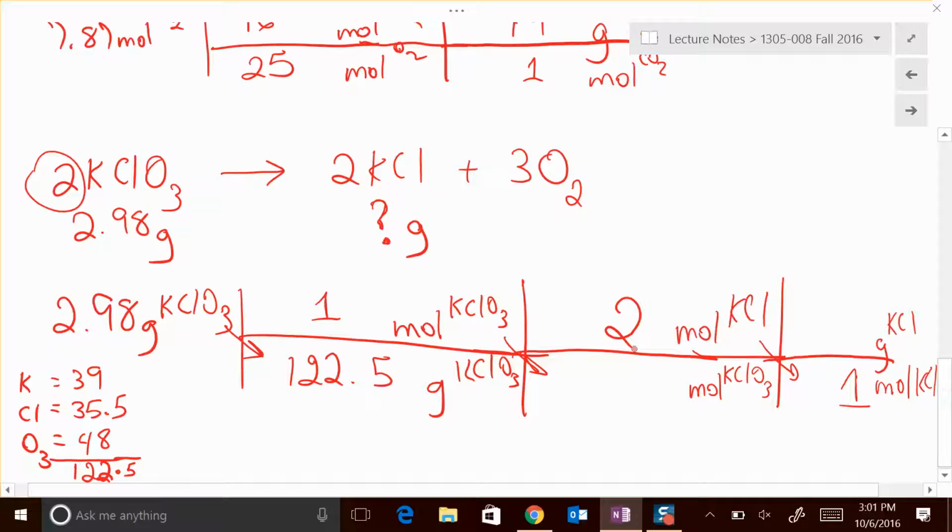And right here? 2. So that's where I multiply by 2. But right here, I just need to know that for every 1 mole of KClO3, I have 122.5 grams. If I had multiplied it by 2 here, I would have to make this 2. 2 moles of this weighs this. 1 mole of this weighs 122.5. So don't do that.